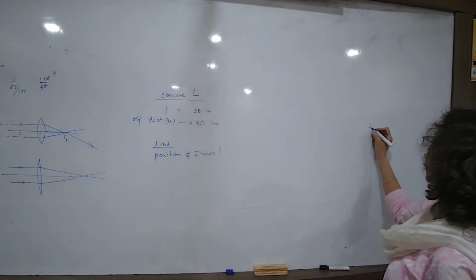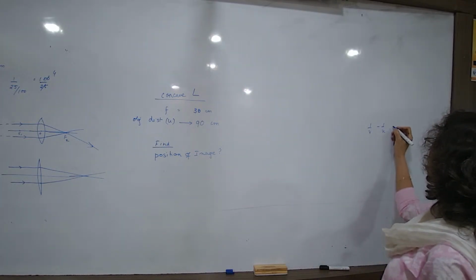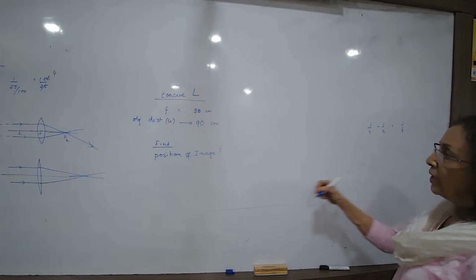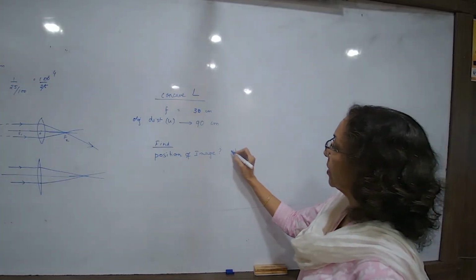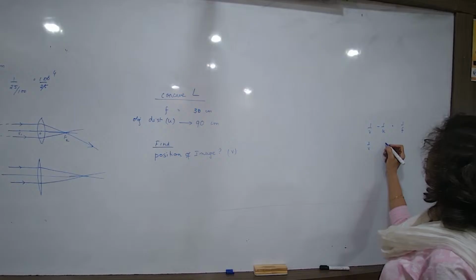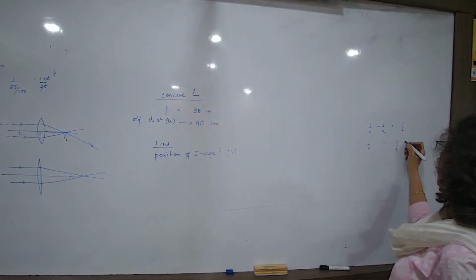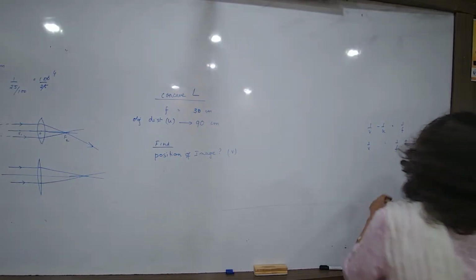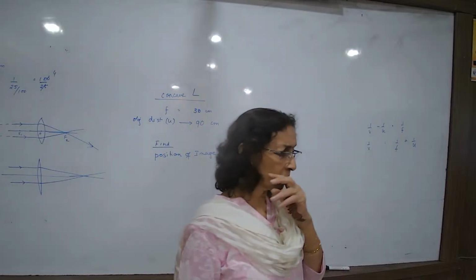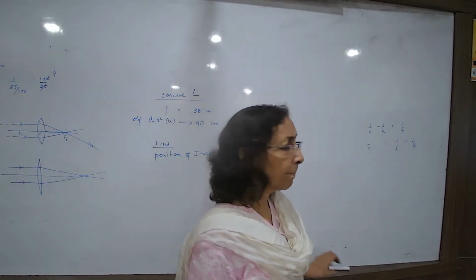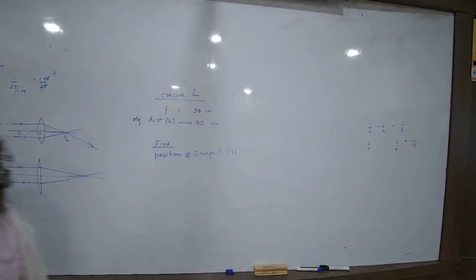So 1 by V minus 1 by U is equal to 1 upon F. We have to find out image distance V. So 1 by V is equal to 1 upon F plus 1 upon U. Something 0.02, see your decimals.